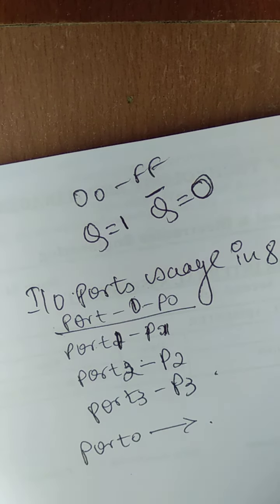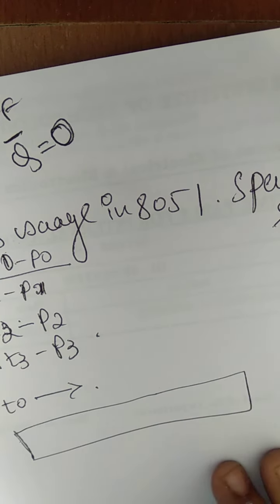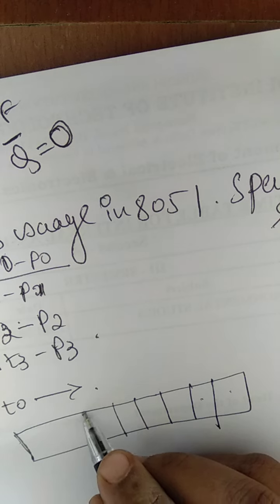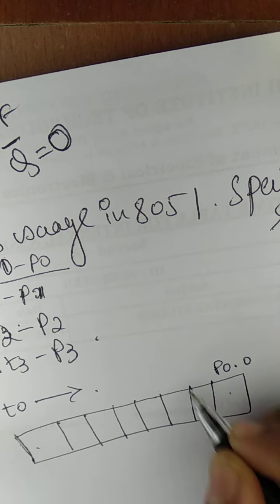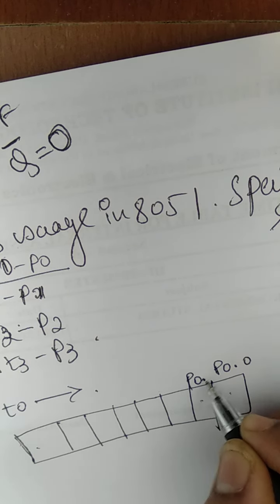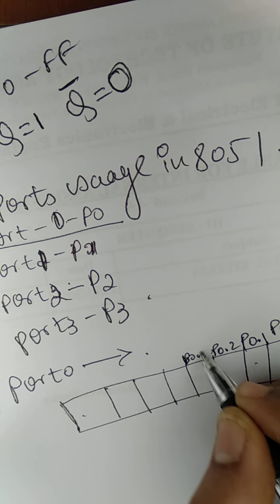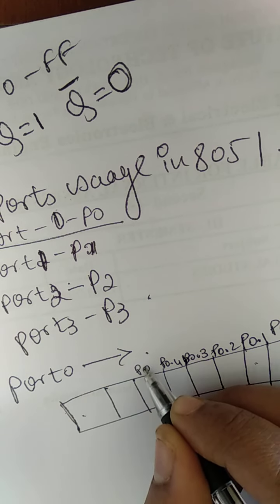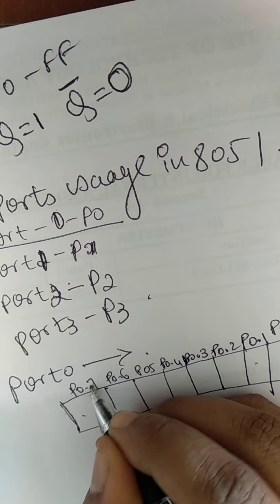How is port 0 organized? We have an 8-bit register, bits 0, 1, 2, 3, 4, 5, 6, 7, with the pins P0.0, P0.1, P0.2, P0.3, P0.4, P0.5, P0.6 and P0.7.